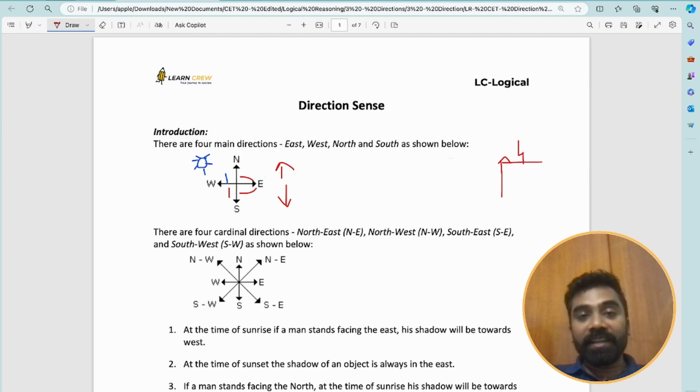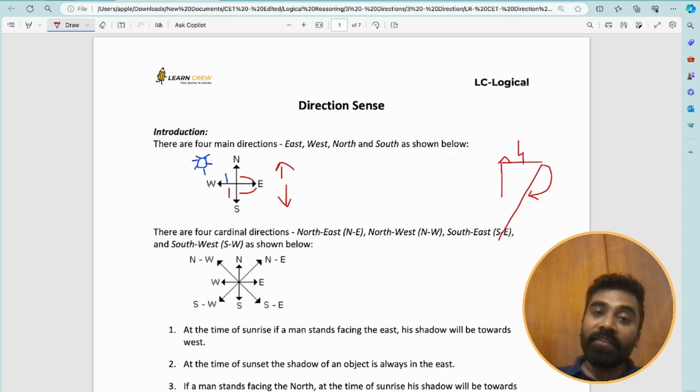Then again he is turning right for 135 degrees. Now what happens? He is going to turn right, but he is going to turn 135 degrees. It might be something like this. Now I am asking, in which direction is the person facing?